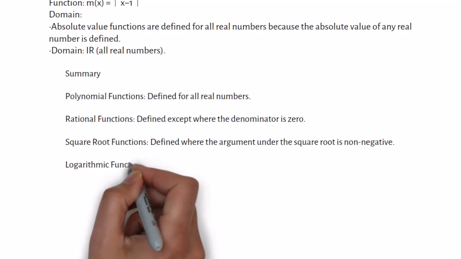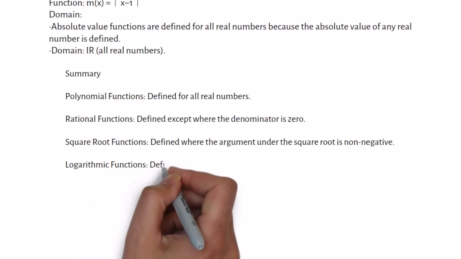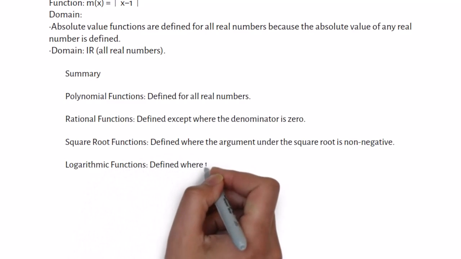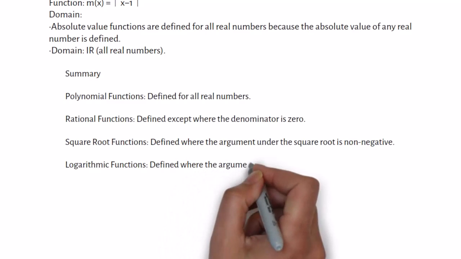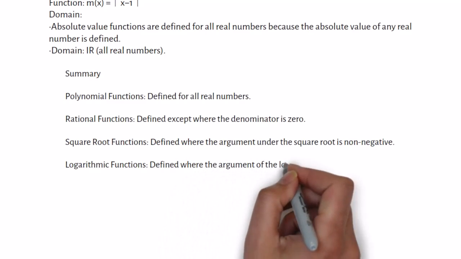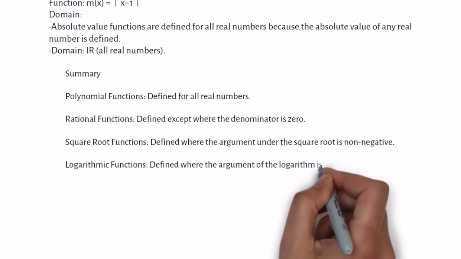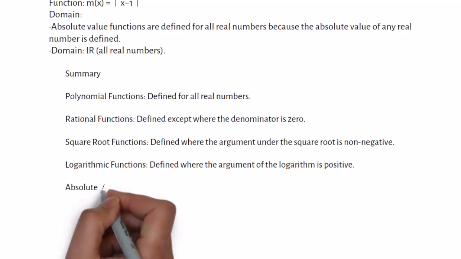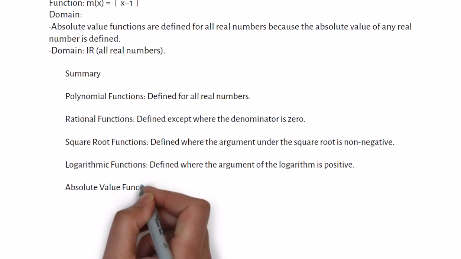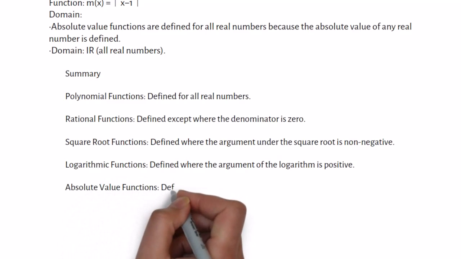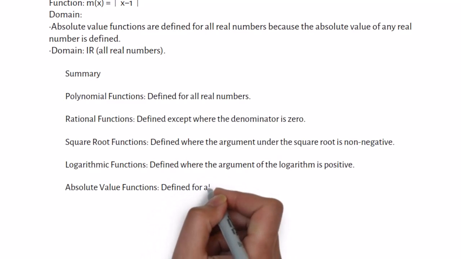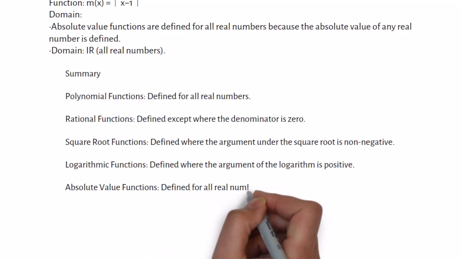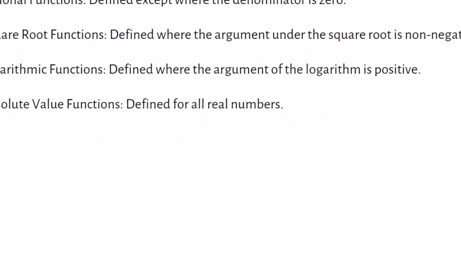Logarithmic functions are defined where the argument of the logarithm is positive. And absolute value functions are defined for all real numbers.